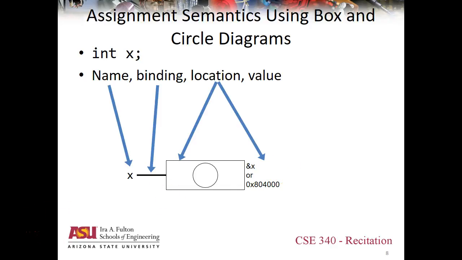So the box itself is a physical representation of an address, like the ampersand X address-of operator you've probably seen before, or just the actual location of memory, wherever it's located. And then last, the value goes inside the circle, whatever the value is for that variable.